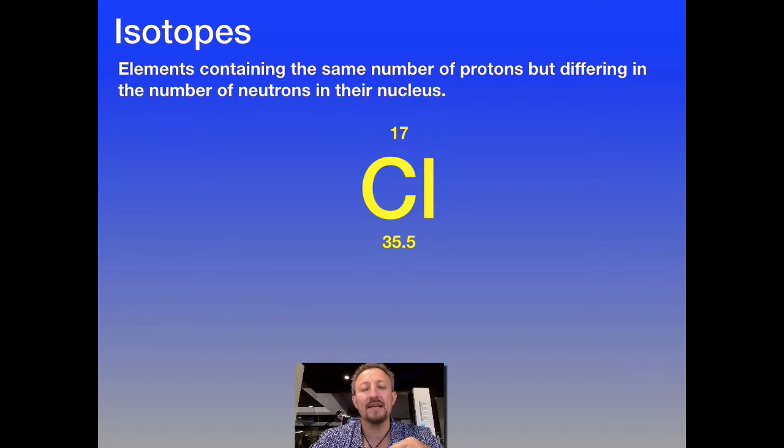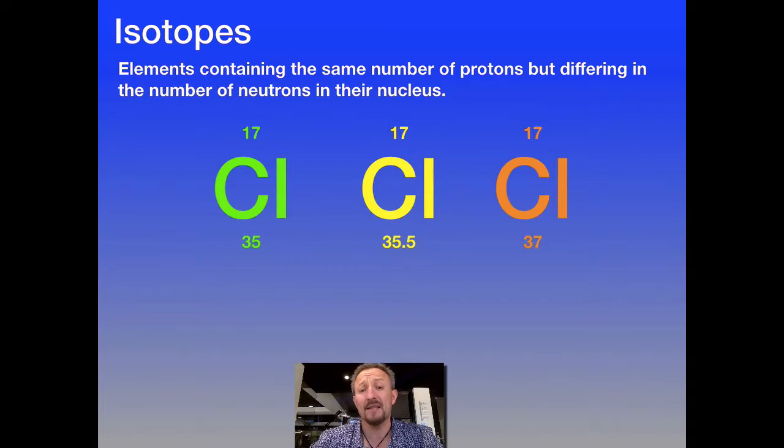Now, chlorine can exist as a variety of different isotopes. It can exist with a mass of 35. In this case, it means that it's got 17 protons, and it's also going to have 18 neutrons. Or it can exist with 37.